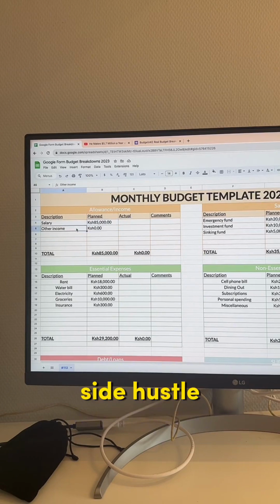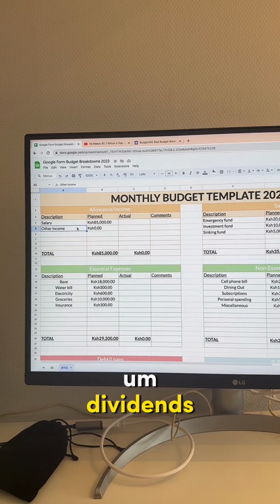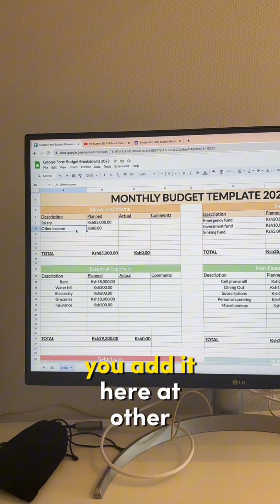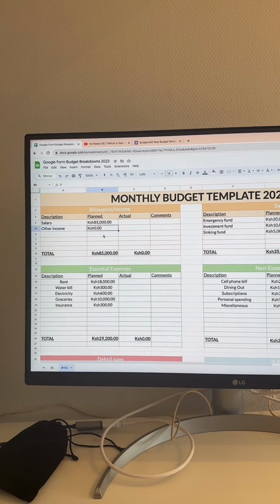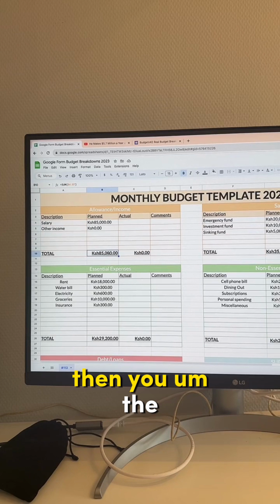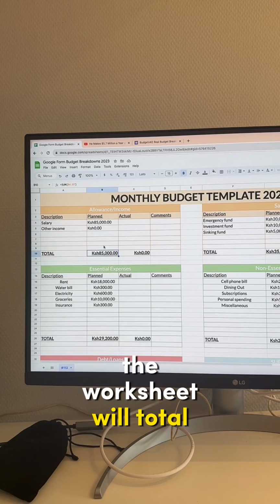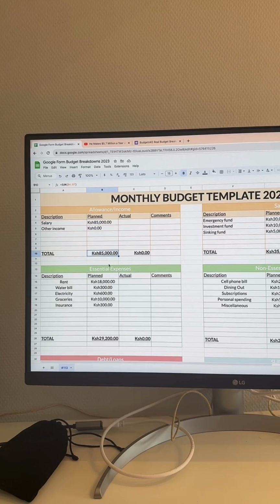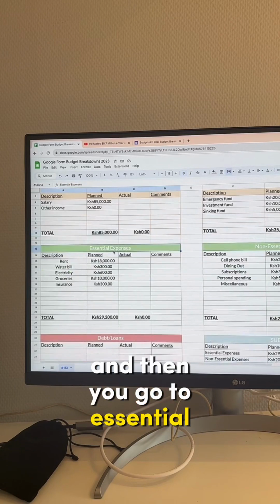Any other income, side hustle, dividends, or any other income that you may have, you add it here at other income. Then the worksheet will total it up for you automatically. And then you go to essential expenses.